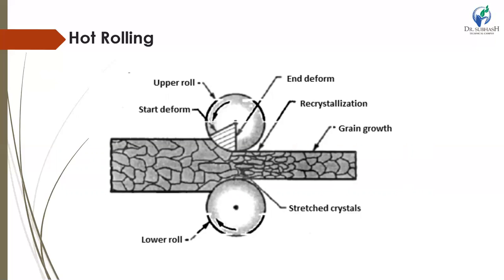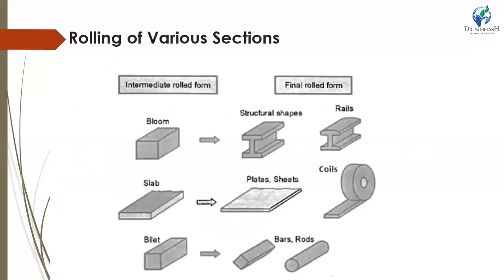After crossing the deformation zone, the grains start refining. This process is always done above the recrystallization temperature and below the melting point, so it is called the hot rolling process.